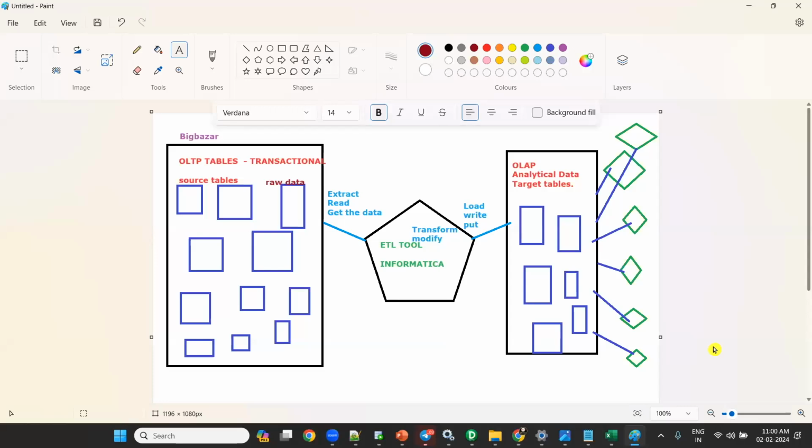Same way, I'll give the raw data, whatever data was entered by the cashier, to a software company. I'll give these tables to the software company.